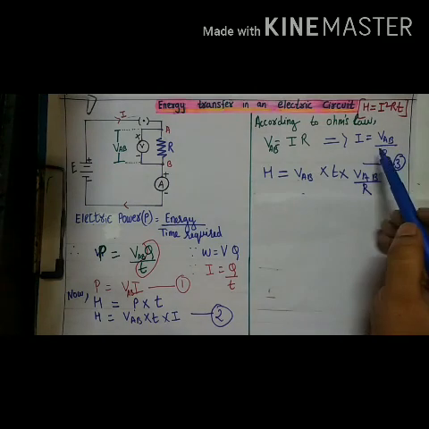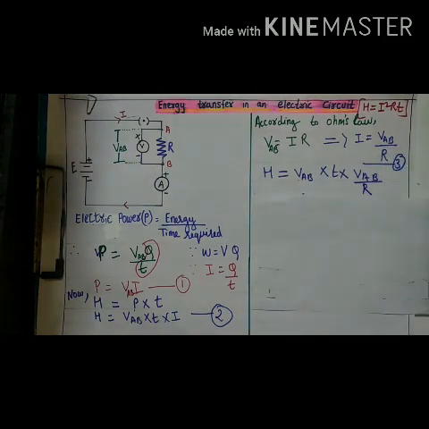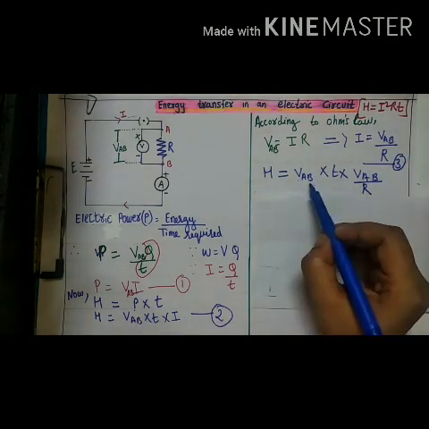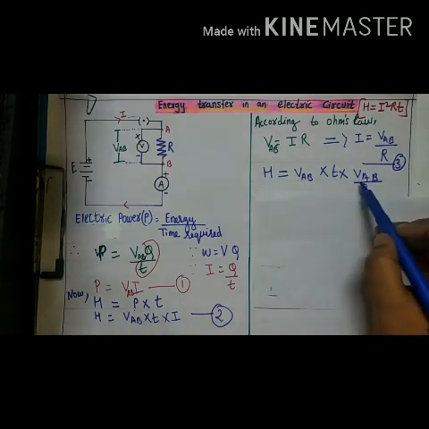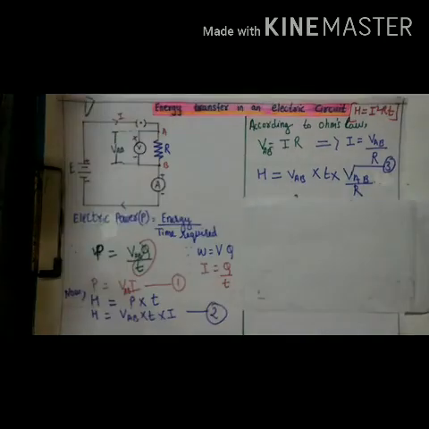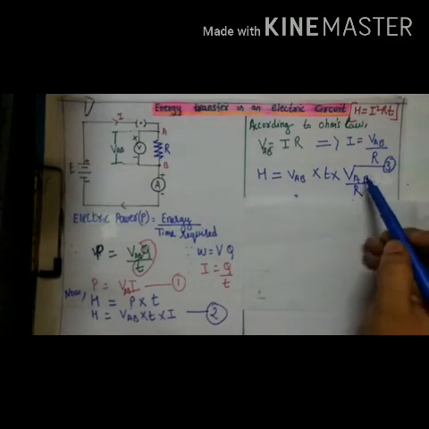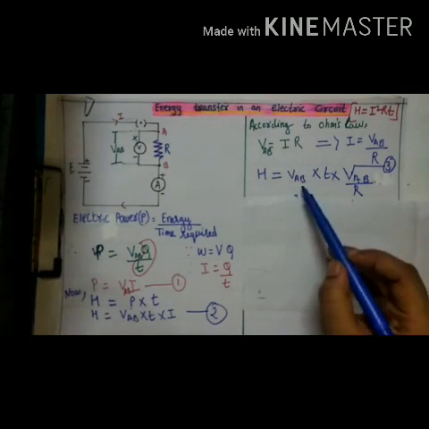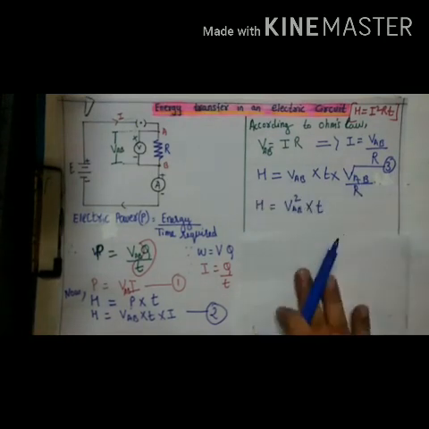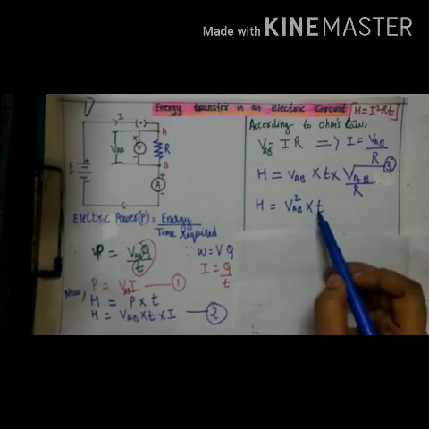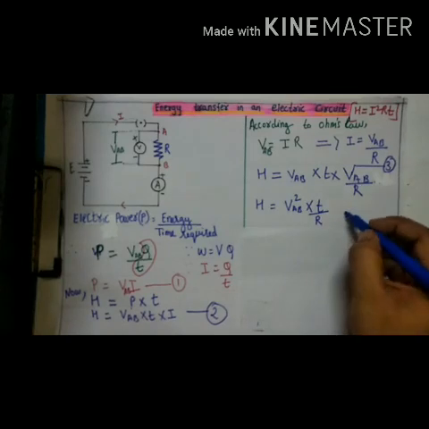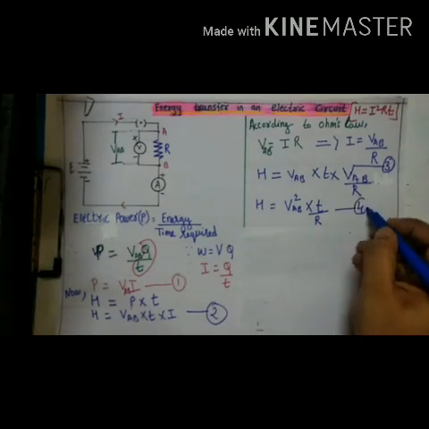By substituting the value of equation number 3 in 2, we get H = VAB × T × VAB upon R. Students, always remember we are writing the value of VAB upon R in place of I. Now, VAB into VAB becomes VAB square into T upon R. This is equation number 4.